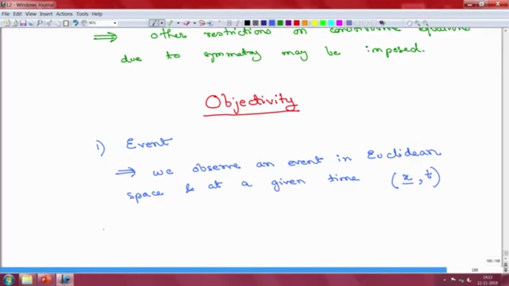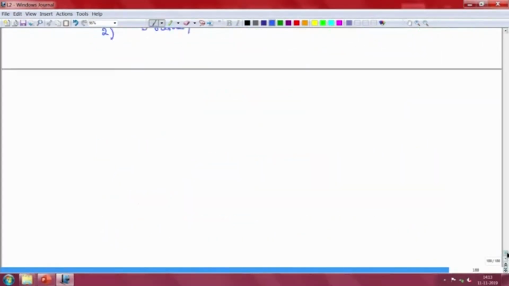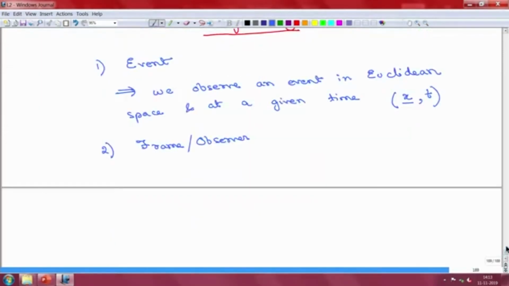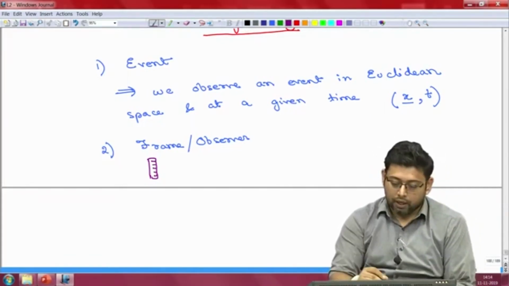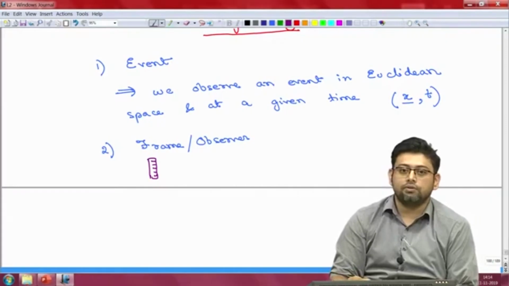The second thing we have to agree upon is what we understand by a frame or an observer. If we want to think of an observer as a person, let us think of that person as a guy who is holding a scale and has a stopwatch. Okay. So, that guy has a scale bar with which he is going to measure distances, because the observer wants to observe events.